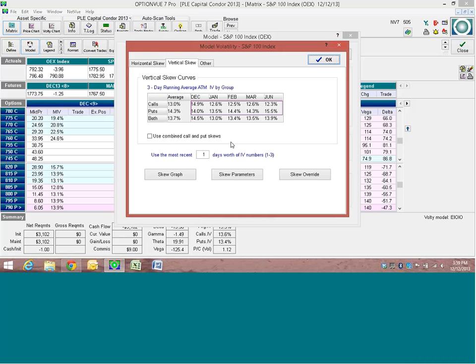But let me point one thing out here, and this is what people sometimes get a little bit confused about. Keep in mind that theoretically, at any given strike, the call and the put at that strike are trading at the same volatility. Okay, at any given strike, the call and the put will trade at the same volatility. Now, there may be a difference that has something to do with interest rate.